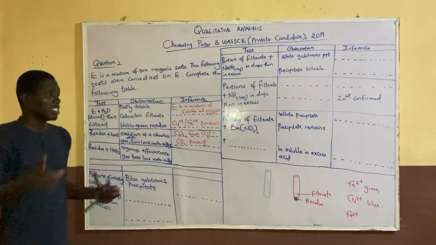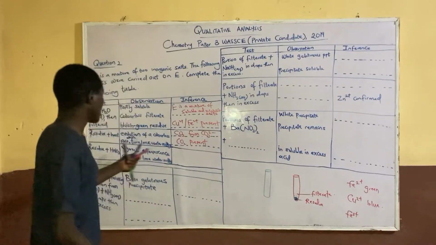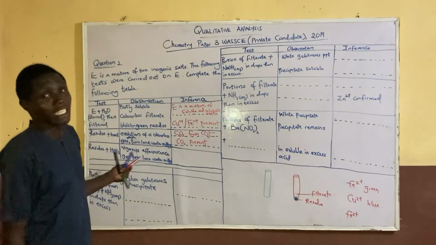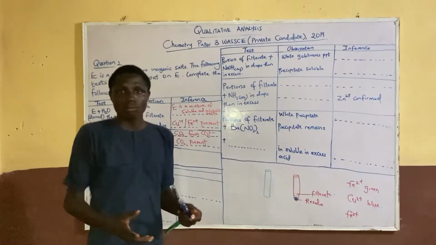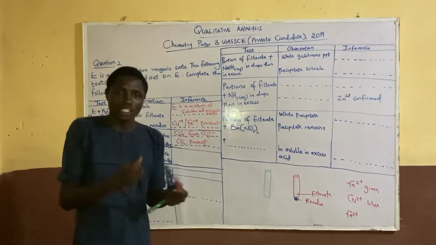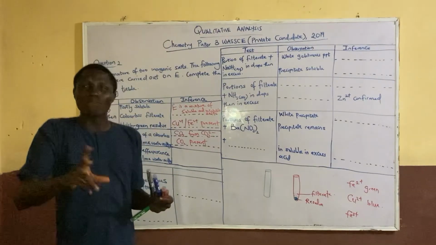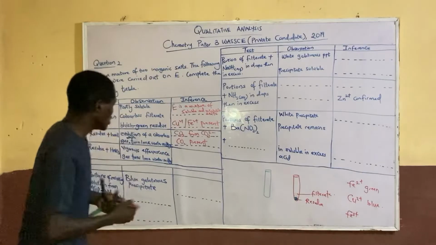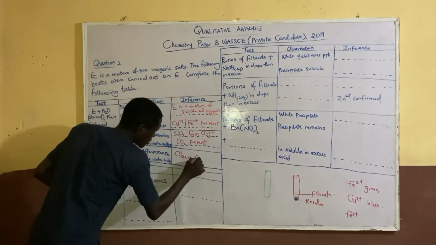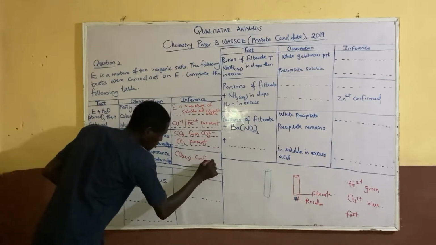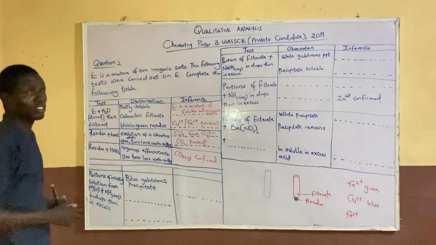Now, this is a confirmatory test of CO2 because we are using another reagent here, HNO3, and there is a kind of bubble in the test tube, which also turns lime water milky. It means that CO2 gas is confirmed.